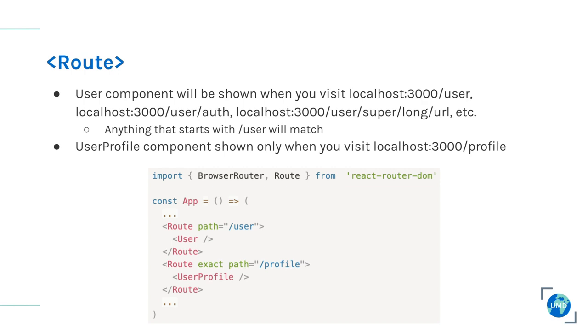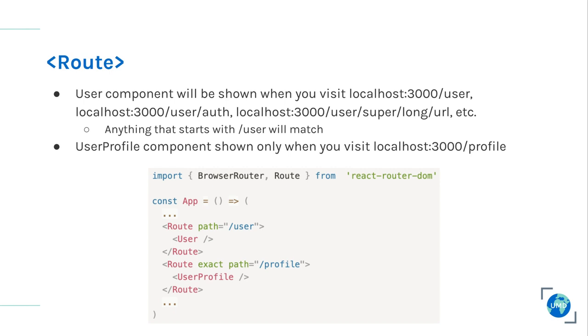However, for the second route, user profile, it is explicitly mentioned that only for the exact path of /profile will that component be rendered, meaning that only when you have the URL localhost:3000/profile will user profile be rendered.